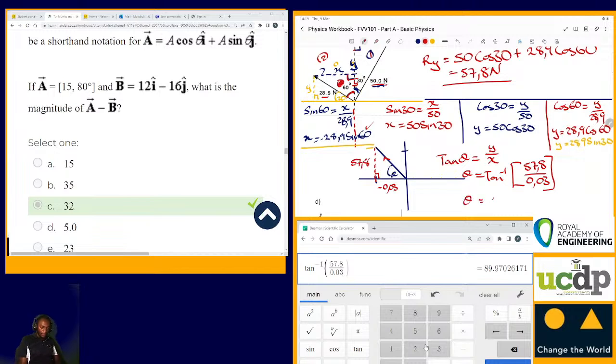We get theta is 89.97. But is this our answer? Certainly not.